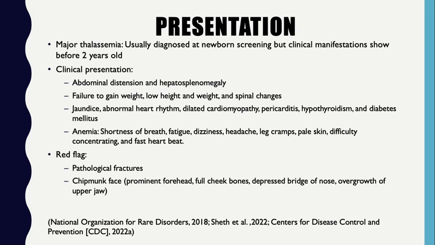How beta thalassemia shows up depends on whether you have the major or the minor. For thalassemia major, the symptoms and presentation tend to be more severe and significant. A newborn is typically diagnosed before they are 2 years old. This is because it takes a while for the clinical manifestations to show.